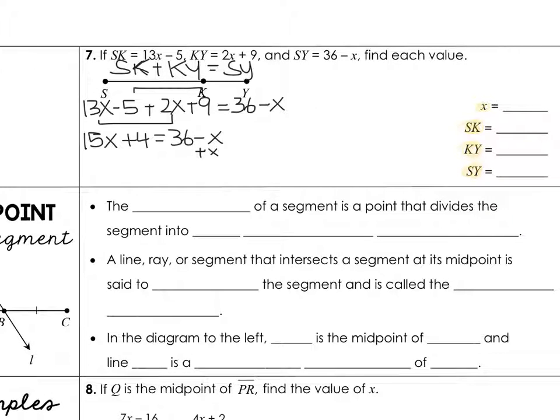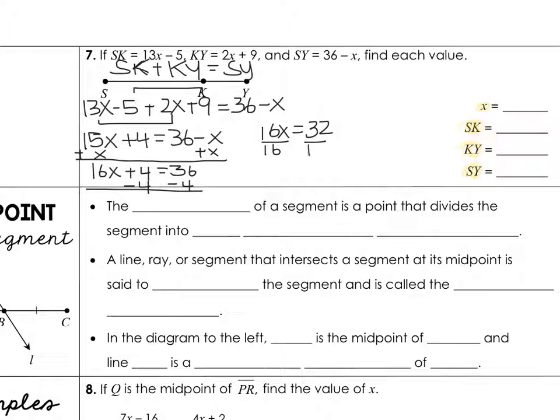Add x to both sides. Subtract 4 and move it over here. 36 minus 4 is 32. Then divide by 16. So x equals 2.